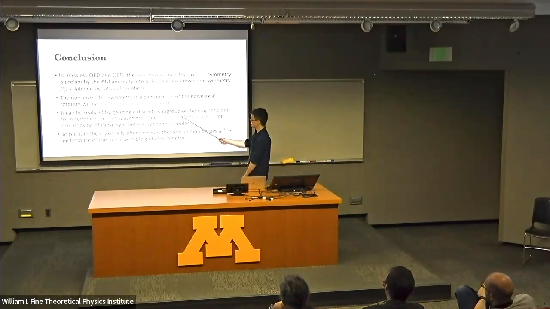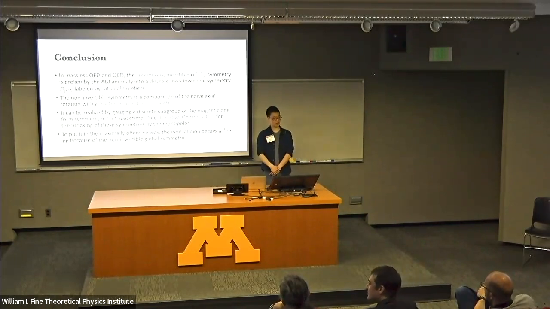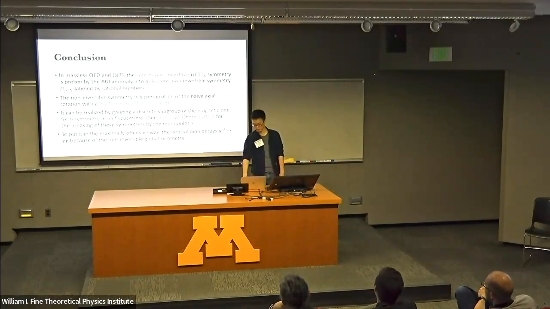It can be realized by gauging a discrete subgroup of the magnetic one-form symmetry in half space-time. And that's why the absence of monopoles is essential for this construction. And please see this paper from last night for discussion on what happens if these symmetries are broken by the monopoles. So to put it in a maximally offensive way, this is the alternative way to understand why the neutral pion can decay into photons.